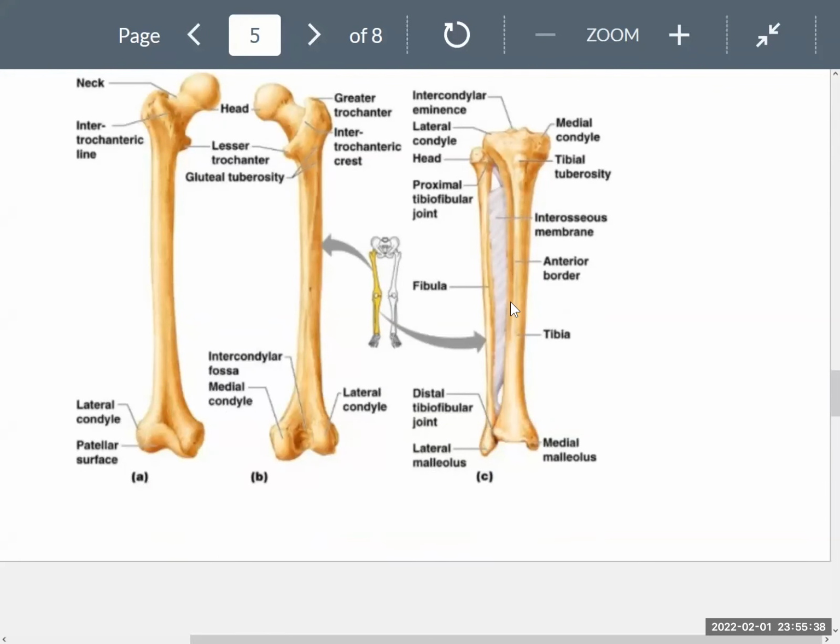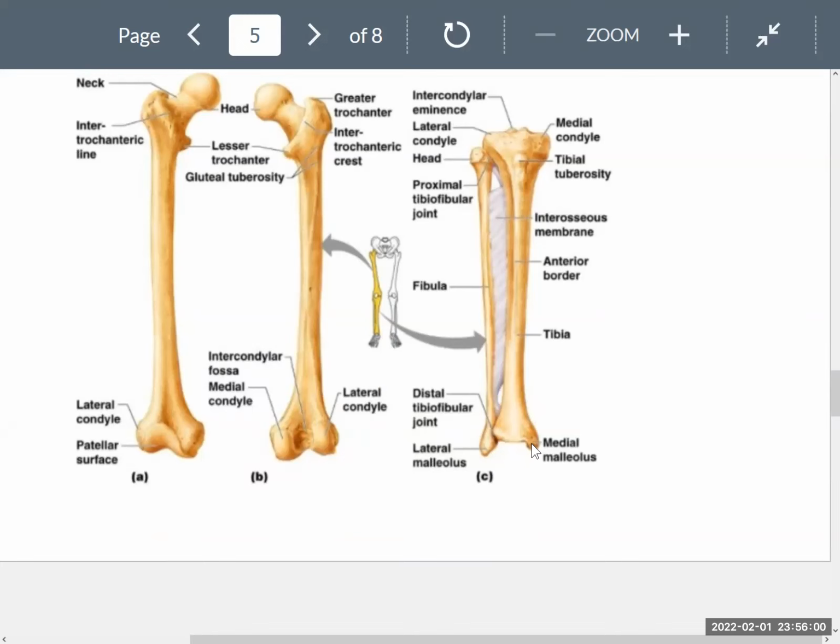Take the tibia if it's by itself. At the distal end, grab a hold of that small piece. You can barely hold the bone up doing that, but you can. This is the medial malleolus.